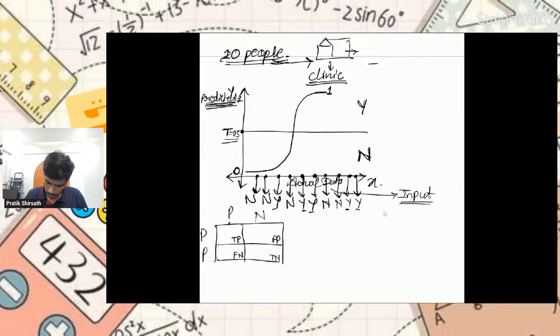Now I will see how many points fall under the yes section and how many fall under the no section. The ones falling under the no section, I will not take, and the ones falling under the yes section, I will take.